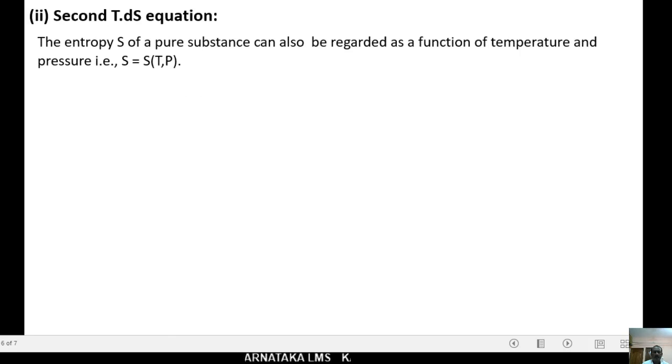Here, for the second case, the entropy is a function of temperature and pressure. We differentiate this: dS equals ∂S/∂T dT plus ∂S/∂P dP. Let it be equation 1.